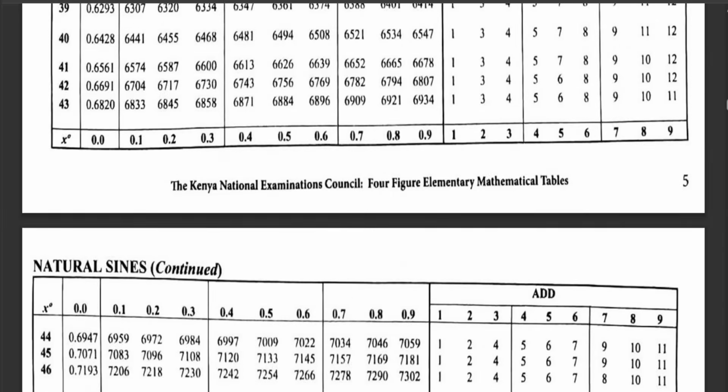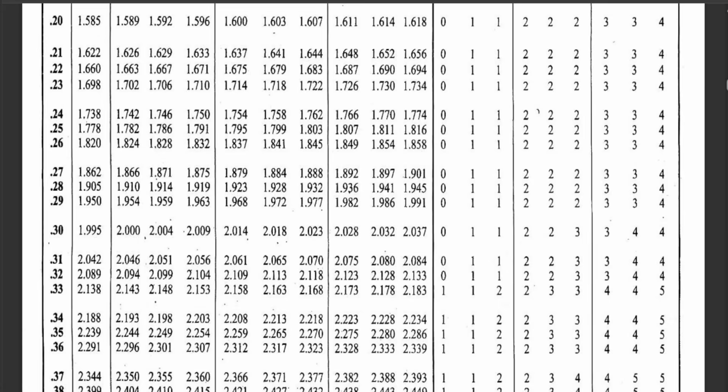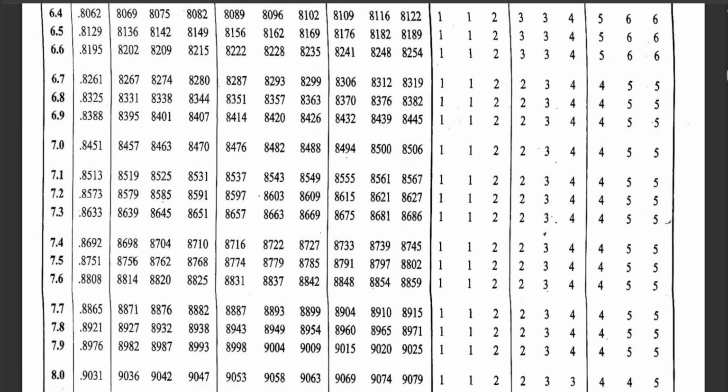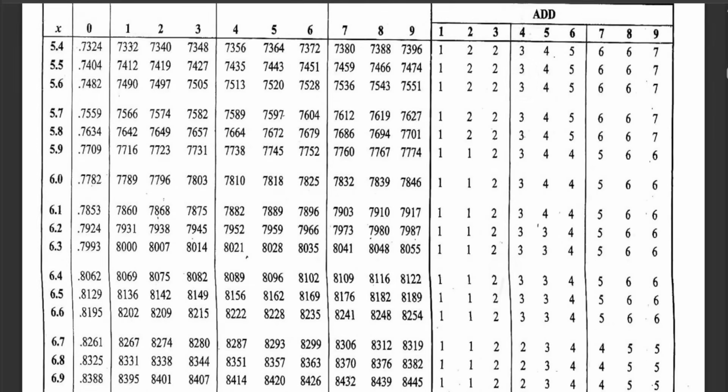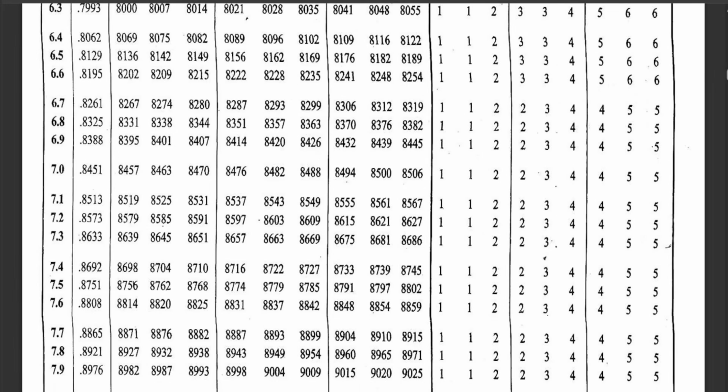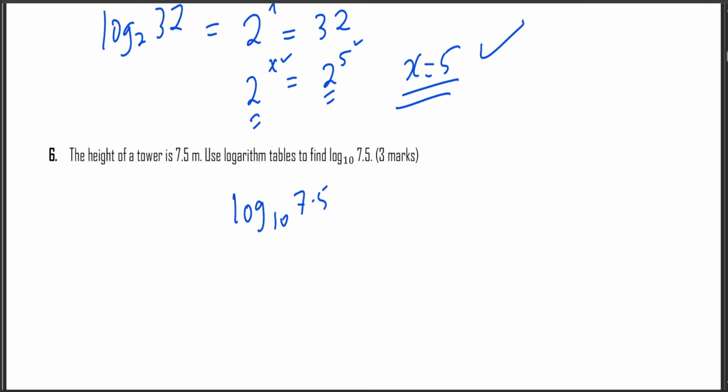This is the natural signs. These are anti-logs here. Okay, this is the log tables, 7.5. Now this is 7.5, this is 0.8751. So the log of this is 0.8751. So that is our answer.